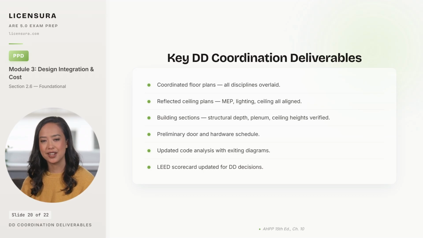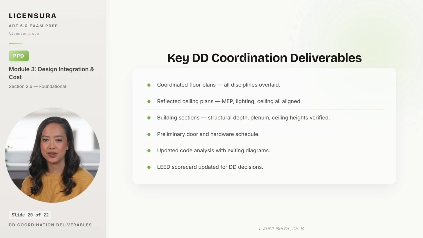Building sections, showing structural depth, plenum space, and ceiling heights all verified against the floor-to-floor dimension, so the architect can prove the systems physically fit before they are bid. Preliminary door and hardware schedule, because hardware is one of the most coordinated long lead items, and getting it wrong delays substantial completion.